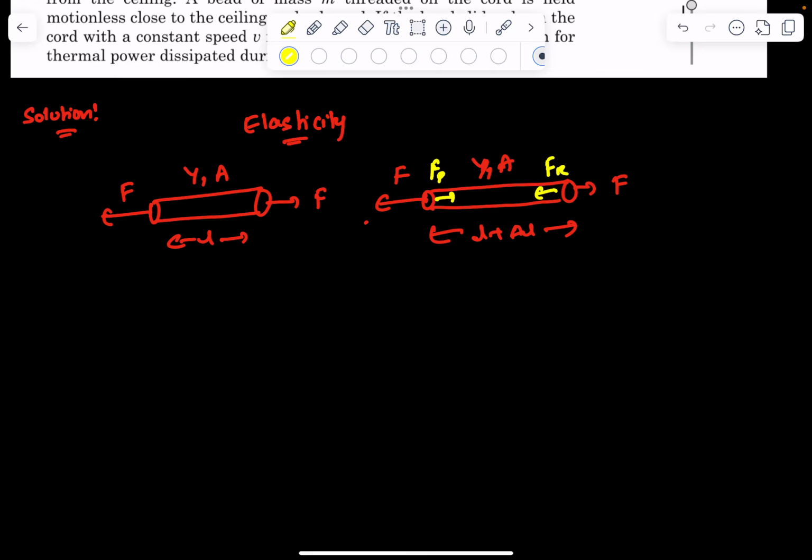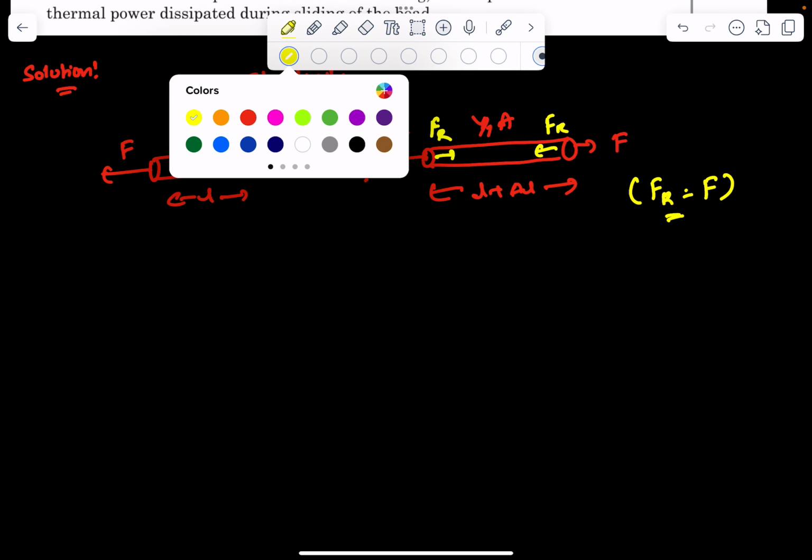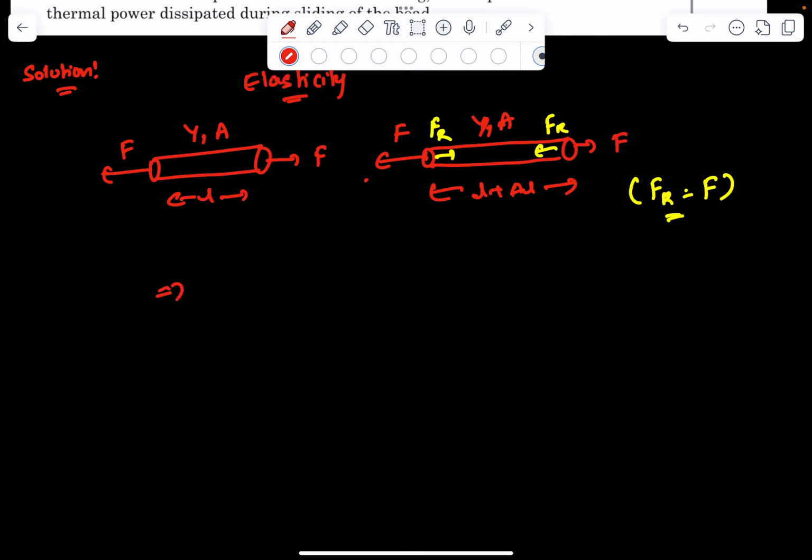The internal forces present inside the body and responsible for it coming back to its natural state are called the restoring force. Under equilibrium, the restoring force will be equal to the applied force.